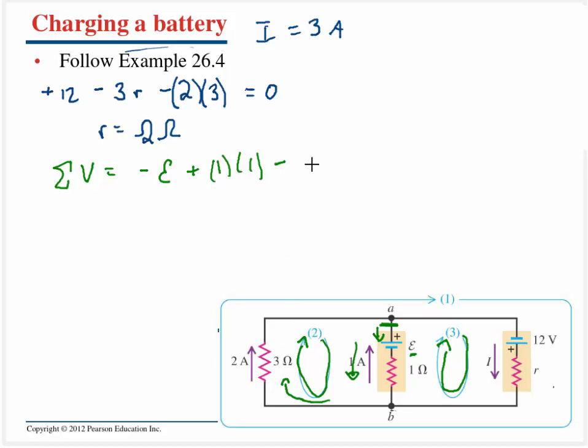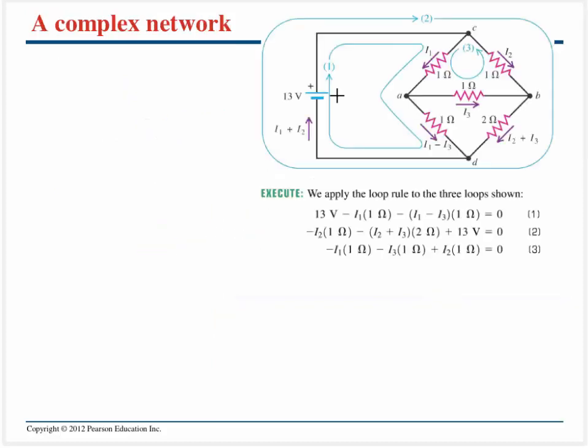Now I'm traveling in the same direction as my current, and I'm going to subtract off then my 2 amps multiplied by 3 ohms, and then I can make my way back to my starting point, and I solve for my EMF. These guys must all add up to be equal to 0, so I come out with a negative 5 volts.